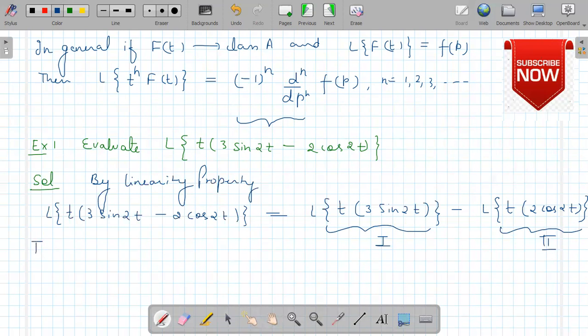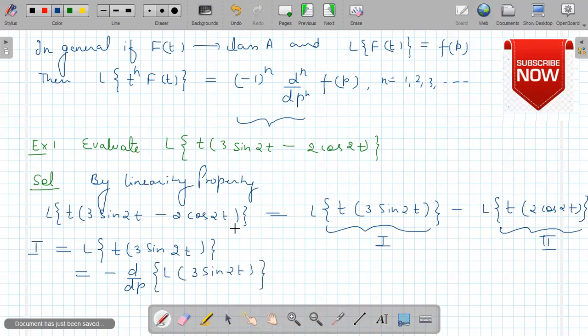So let us first take 1. 1 is equal to Laplace transform of t into 3 sin 2t. So this is equal to, with negative sign, d over dp, because we have only t here, and when L goes inside this, we have Laplace transform of 3 sin 2t.